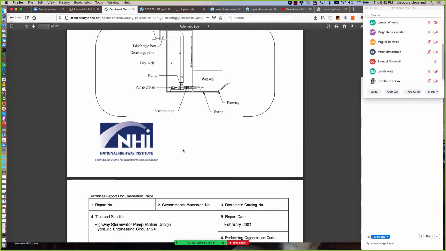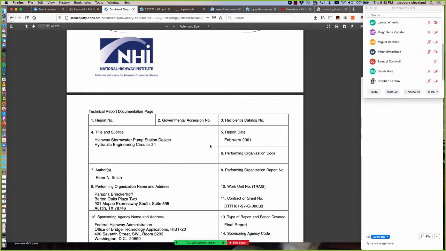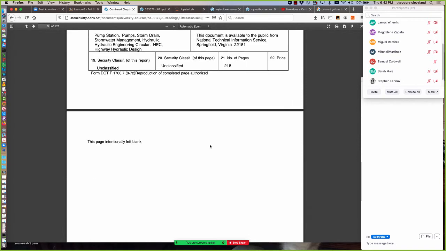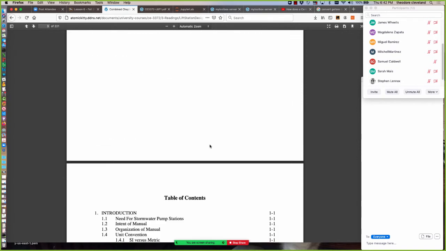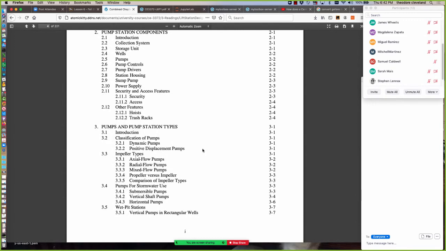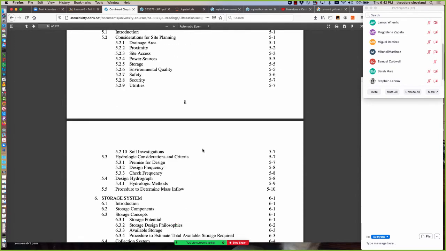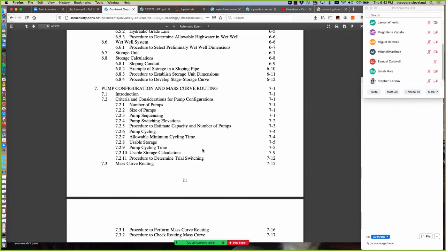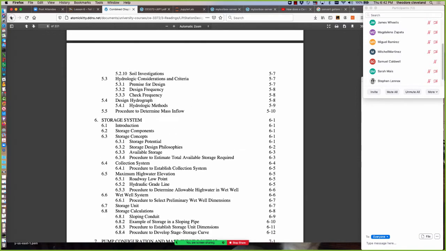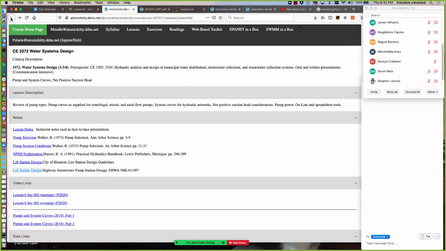The basic principles of the highway design or an ordinary lift station are pretty much the same, and so either of those references would be good if you had to flat out design an entire lift station. So I'll leave those readings for you to do on your own. I recommend that you glance through all of them, if for no other reason than to become familiar with locations of specific pumping information.